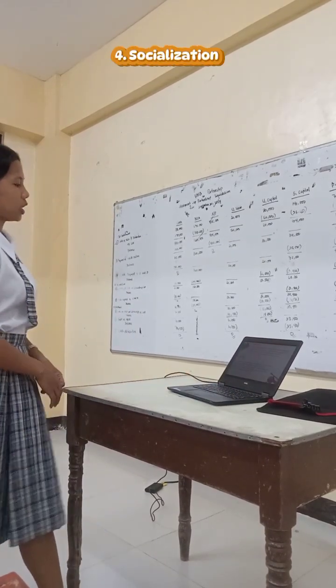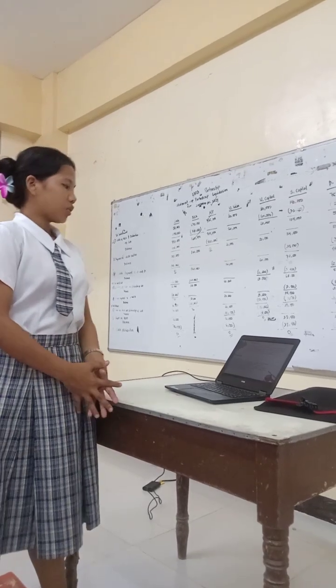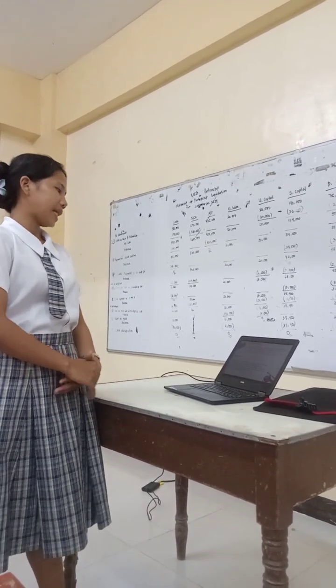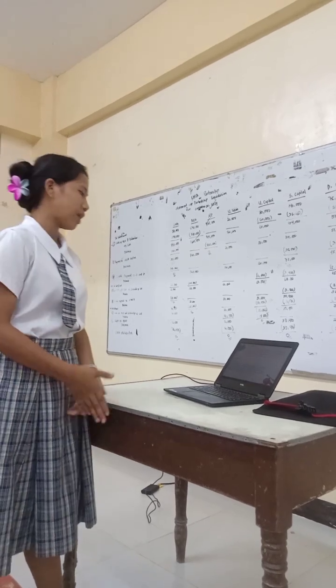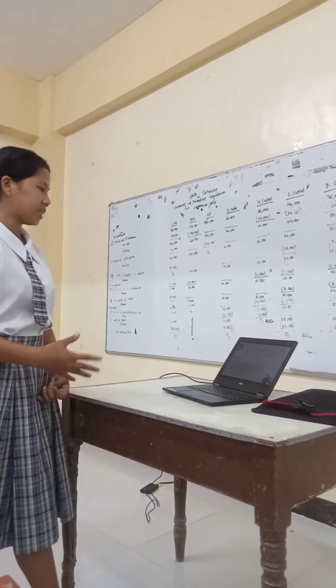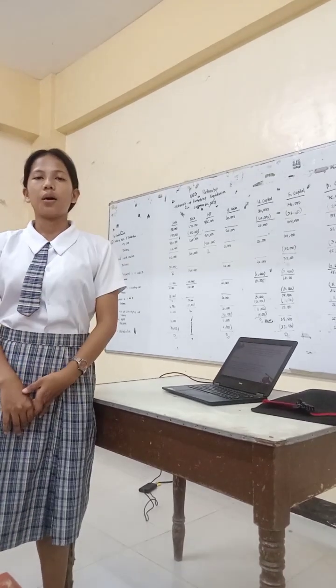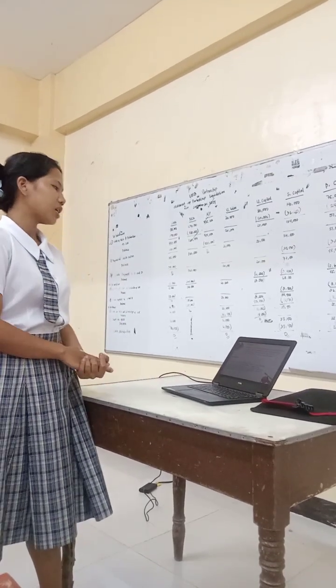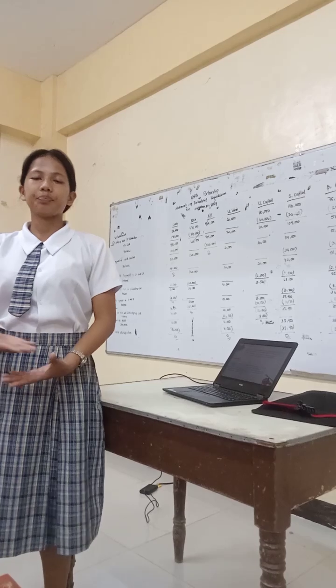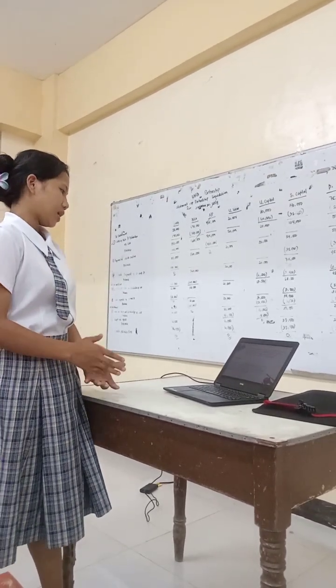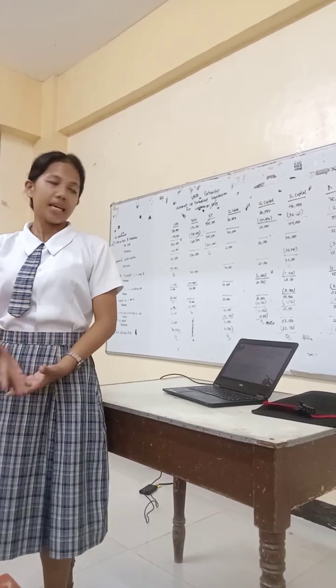For socialization, in homeschooling, social interaction is planned by parents, often through meetups with other homeschooling families or community activities. So in homeschooling, the parents will plan the socialization with other families or communities. I mean community activities.